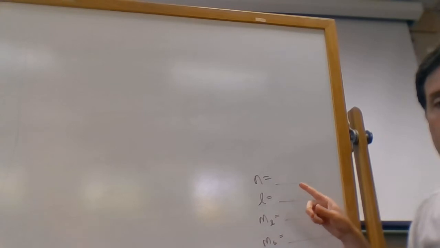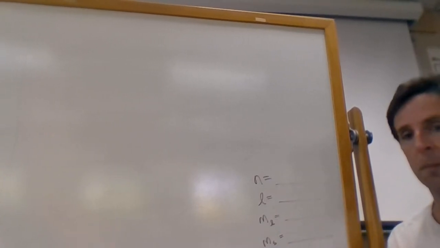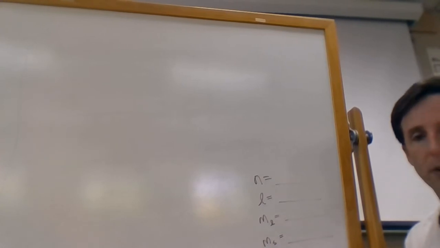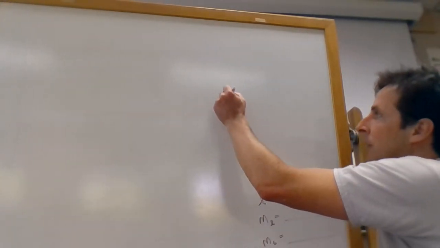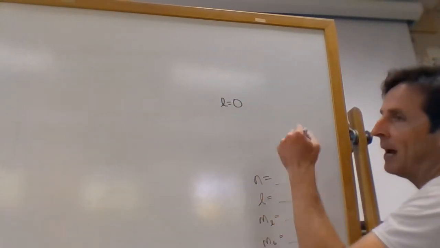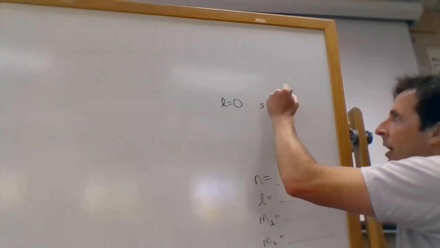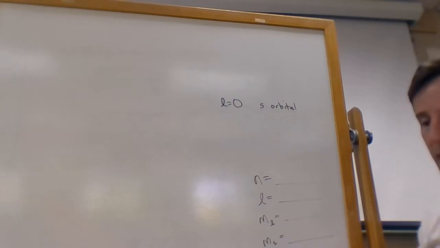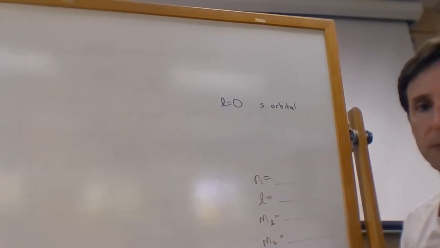For L, the value of L represents which type of orbital I have. So let's elaborate on that one. L can be 0. And if L is 0, what that means is it's an s orbital. An electron that has an L value of 0, we know that electron's in an s orbital.